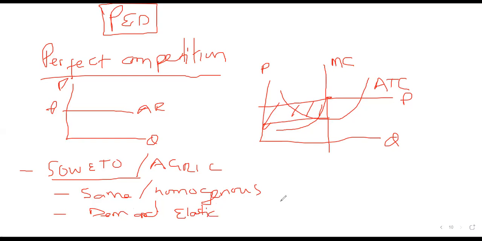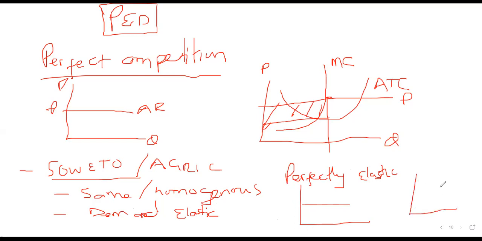So perfectly elastic demand looks like this. This means it is perfectly elastic. Any small price changes in here, just by a small margin, people will switch. If demand is perfectly inelastic, it looks like this.